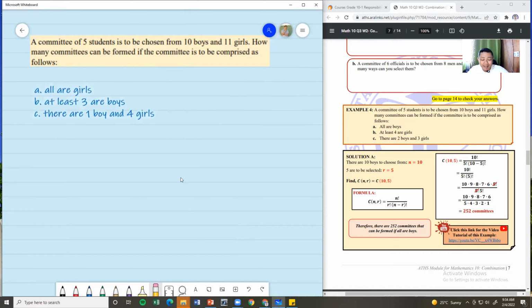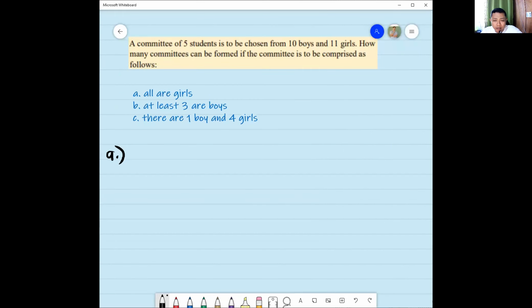Now that we changed it as per the request of your classmates, let's solve letter A. Same problem: a committee of 5 students is to be chosen from 10 boys and 11 girls. How many committees can be formed if the committee is to be comprised as follows? First, A, all are girls. Same question as a while ago: if you're just choosing 5 students from the girls, will you include the boys among the options?